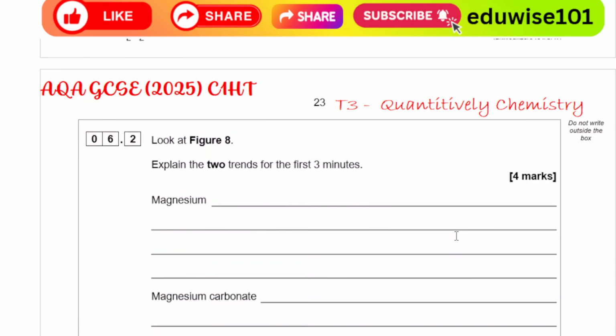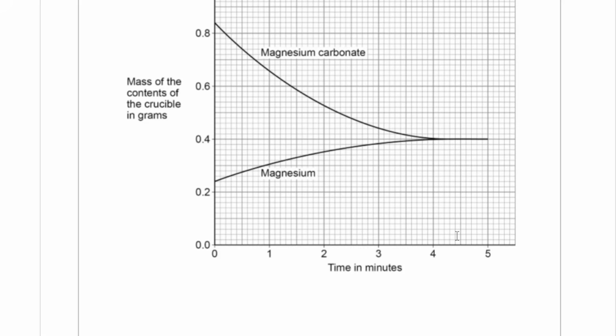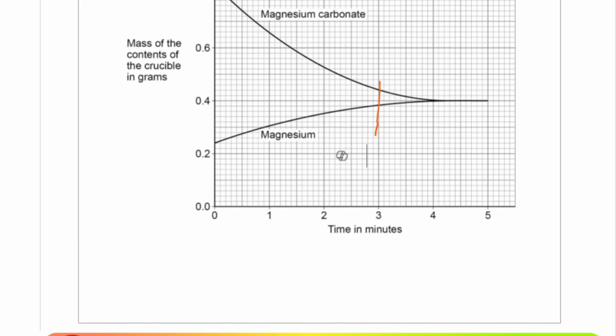Look at figure 8. Explain two trends for the first 3 minutes. So in the first 3 minutes, so right up to this point, what's actually happening? Magnesium carbonate is losing mass.